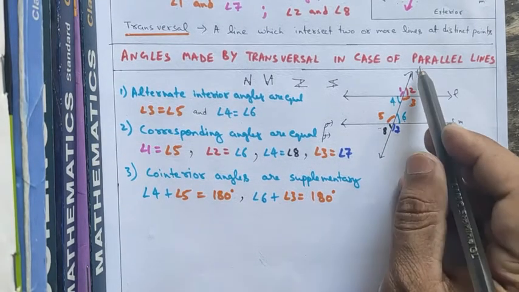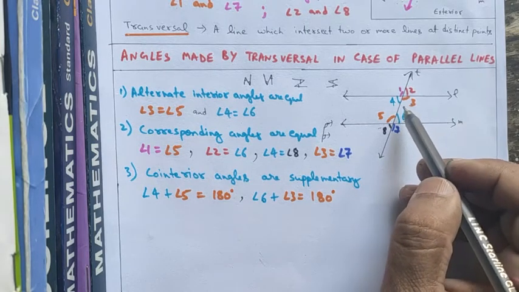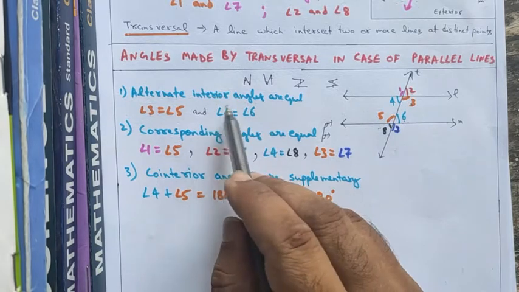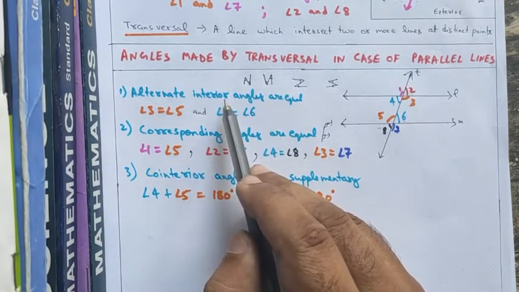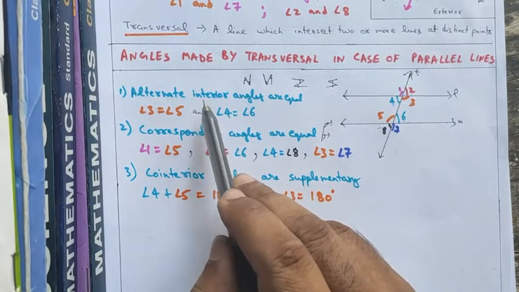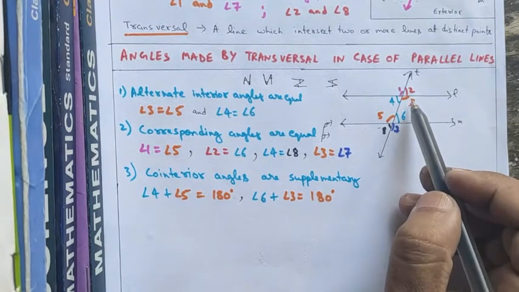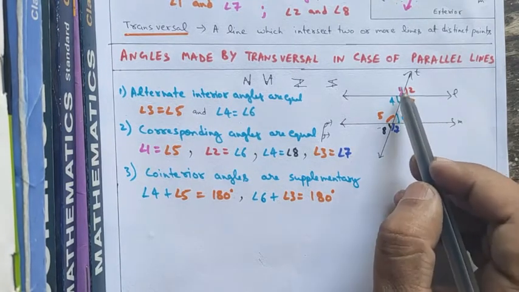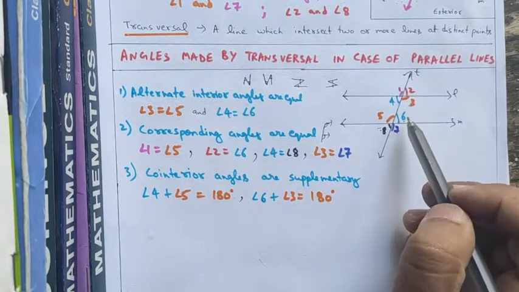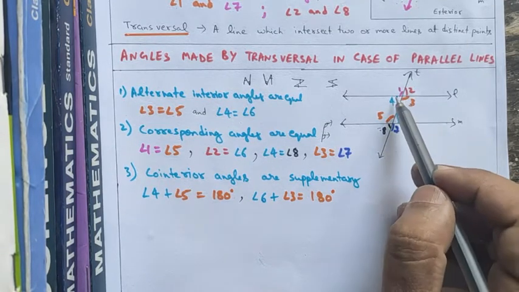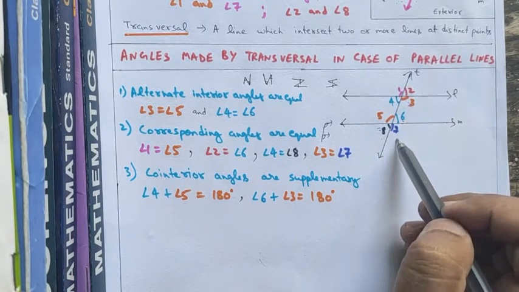Corresponding angles will also be equal when a transversal intersects two parallel lines. Alternate interior angles will be equal. Be very careful, not exterior, only alternate interior angles will be equal. Corresponding angles will also be equal. That is, angle 1 equals angle 5, angle 2 equals angle 6, angle 4 equals angle 8, and angle 3 equals angle 7.